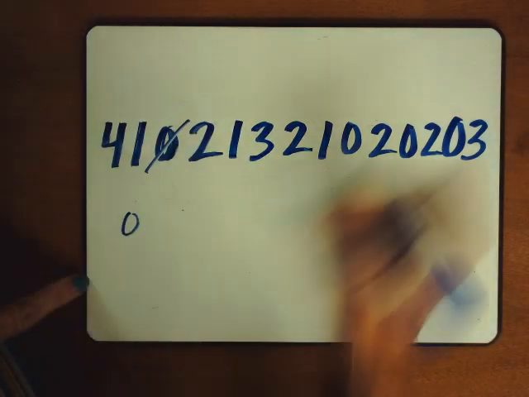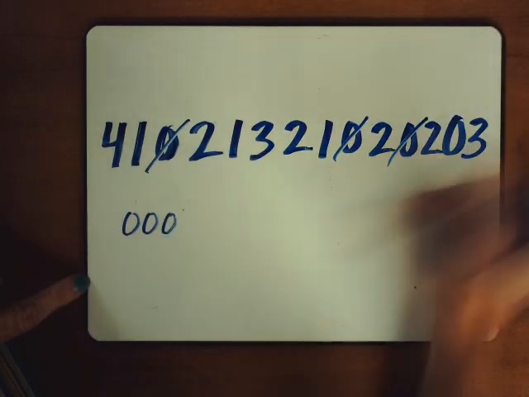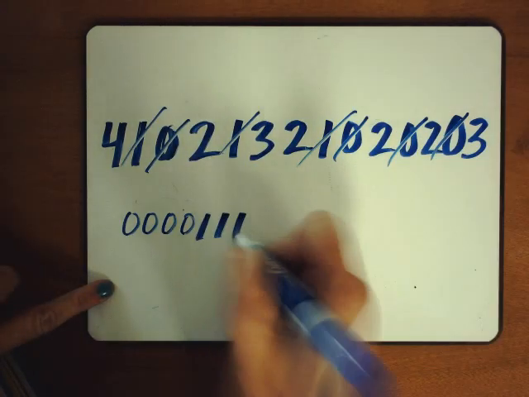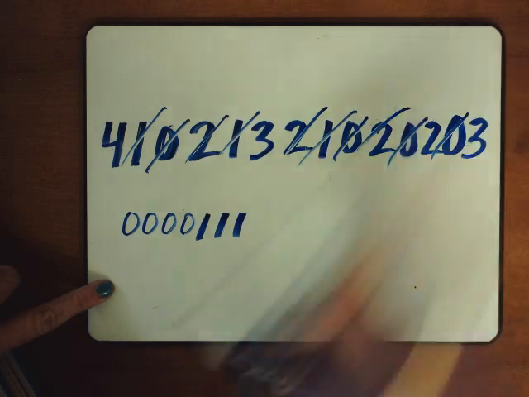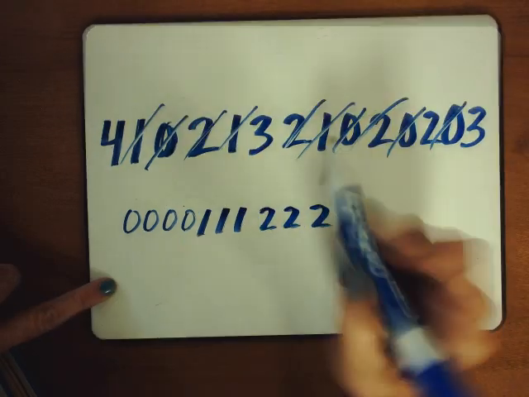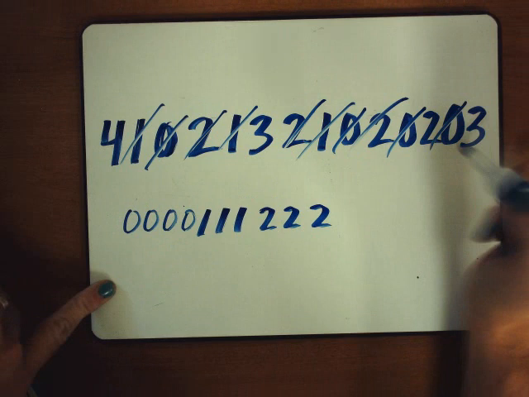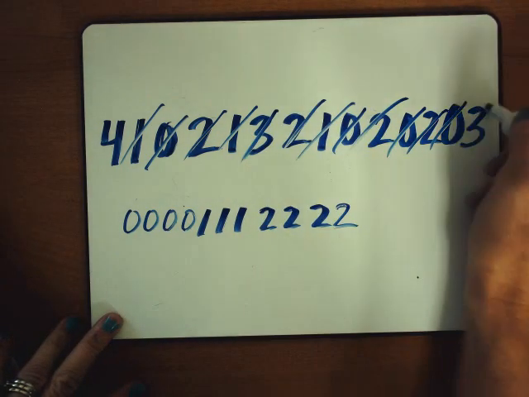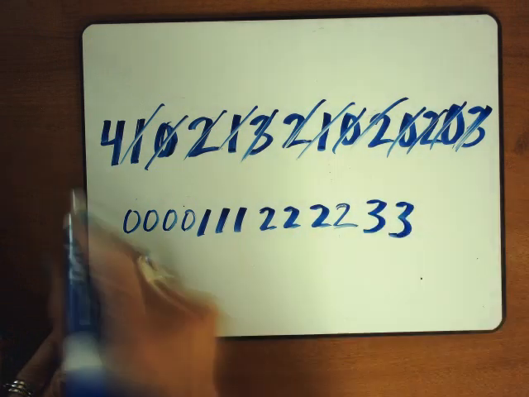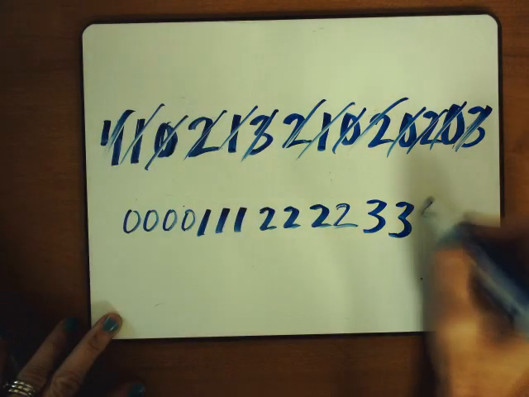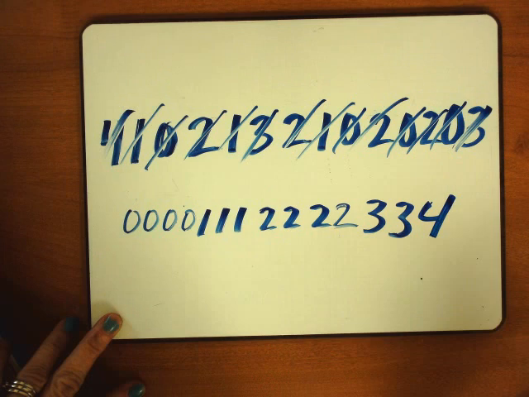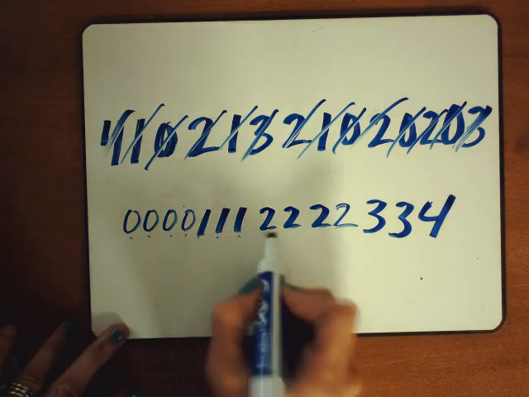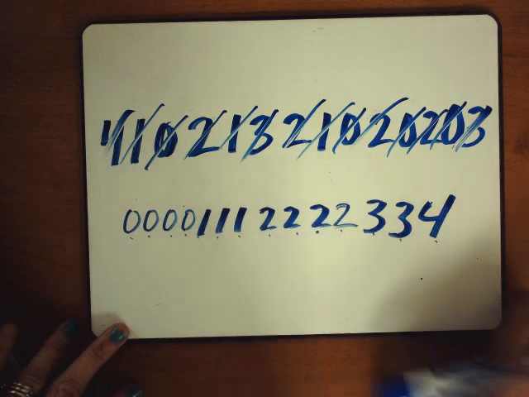We've got 4 zeros, 3 ones, 4 twos, sorry, I said 3 earlier, 2 threes, and 1 4. I'm going to go ahead and count, make sure I have 14 really quickly. 1, 2, 3, 4, 5, 6, 7, 8, 9, 10, 11, 12, 13, 14. I don't want to miss any of them.